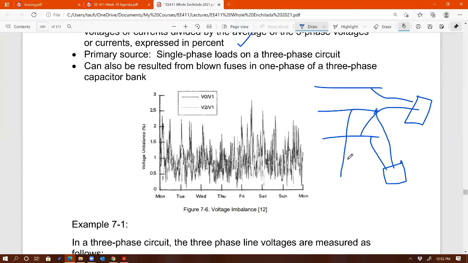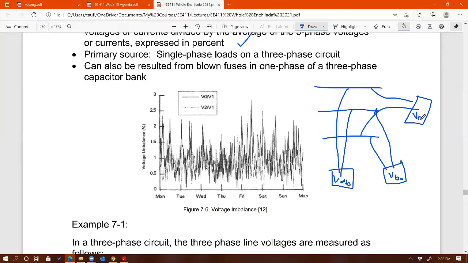So let's say the first house right here is connected to VAB, the second house to VBC, and the last one to VCA, right?